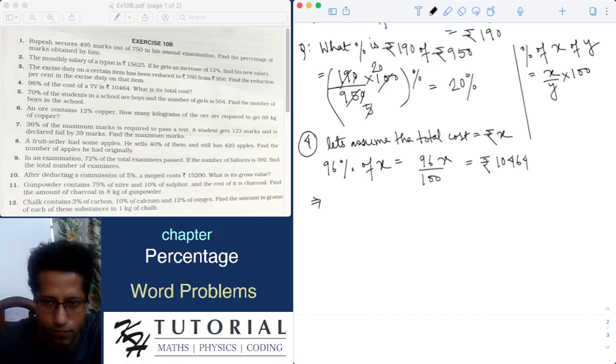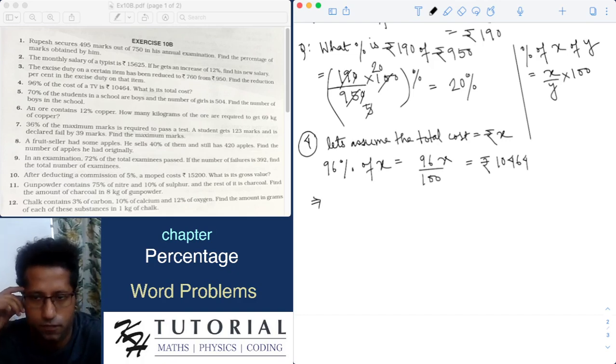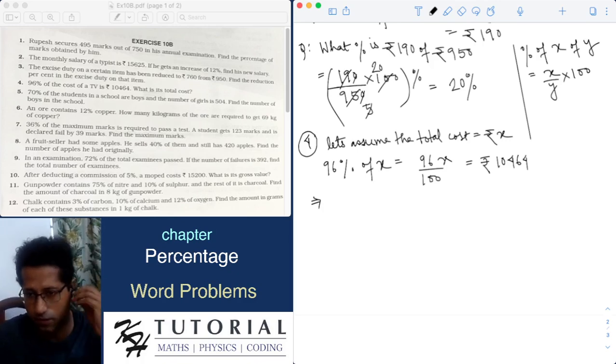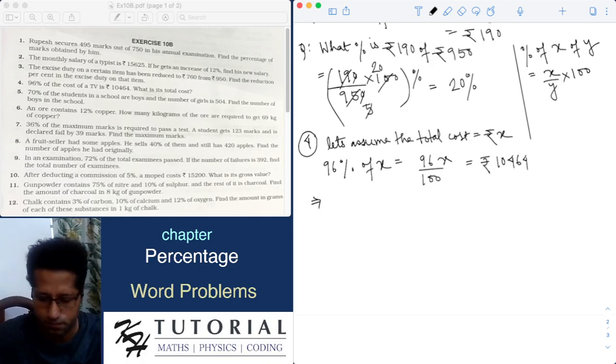We have assumed the total cost to be rupees x. It is given that 96% of the cost of the TV is rupees 10464. So 96% of x is 96 by 100 into x, which is given to be rupees 10464.